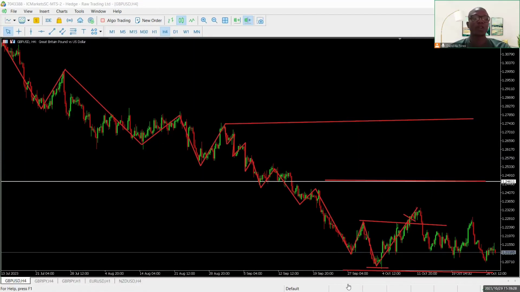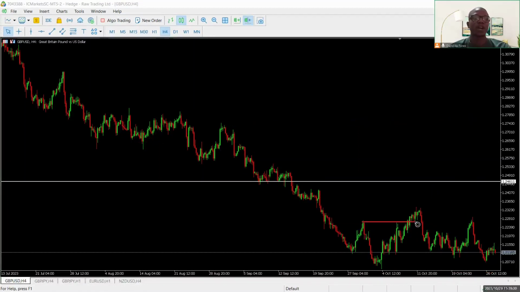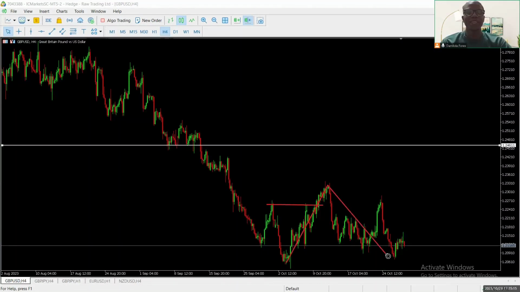Or another thing we can do is, at a break of structure right here, remember that after a break of structure, 80% of the times we see a natural 61.8 retest. At times, prices extend beyond 61.8 and go to as much as 80.0 or 90.0. But notwithstanding, what we do after a break of structure, like I said, is you can buy pinpoint or wait for a 61.8 retest.